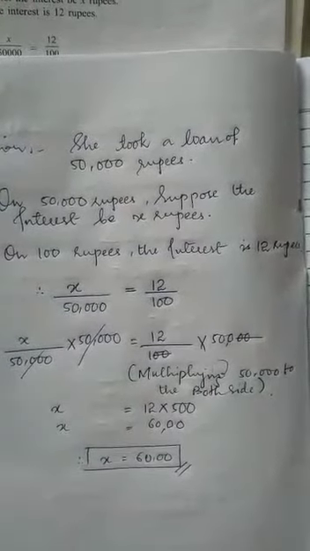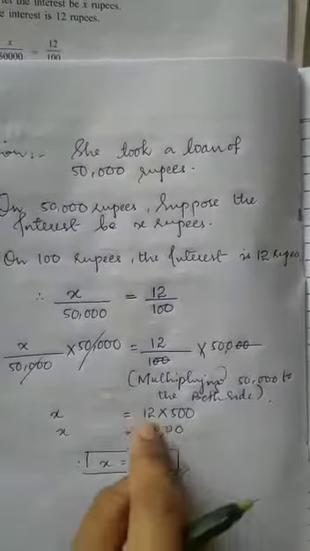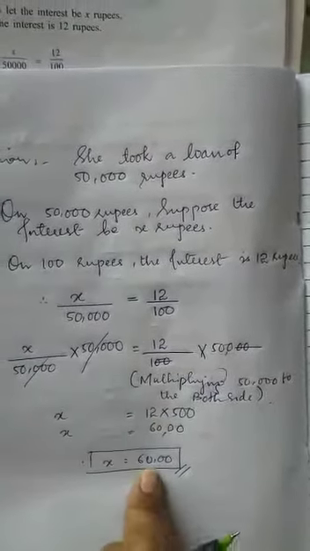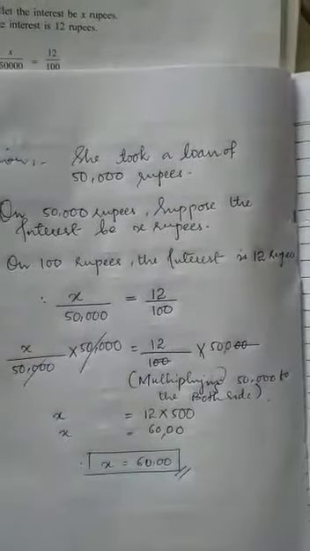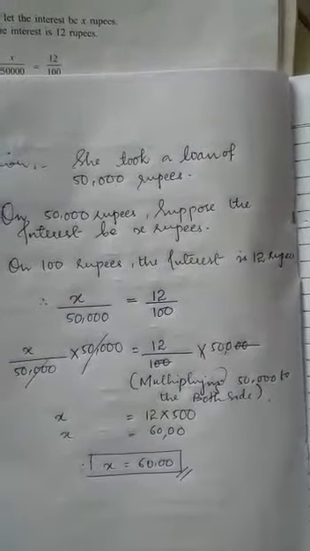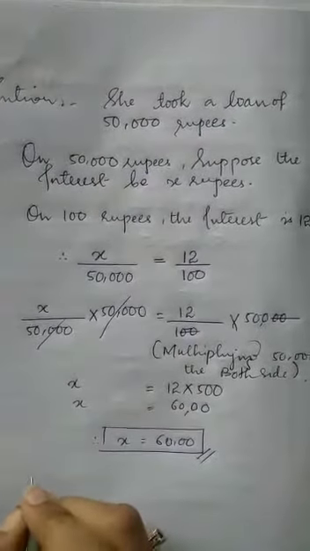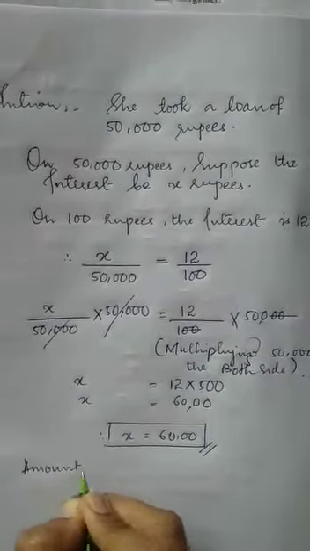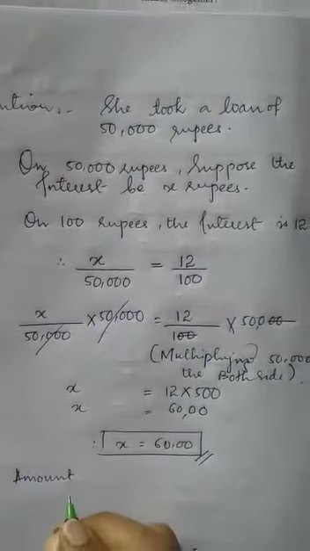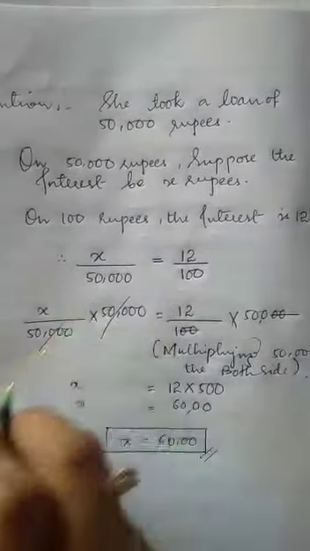6,000 is the interest charge only, but we have to pay this interest charge plus our capital amount. We have to return it to the bank. So to find the final amount, we have to add these two. We have to add them together. It means amount. This is the formula for finding the amount, in which we add the interest charges plus our capital amount.